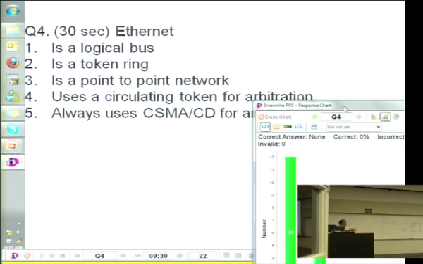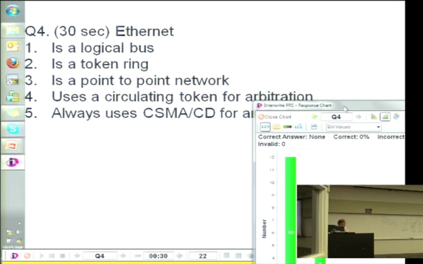These days, Ethernet is becoming like that in terms of physical realization, because you have a dedicated link from you to a switch, and so you don't experience any collisions. But logically, the protocol is still CSMA CD, which makes it appear like a bus.